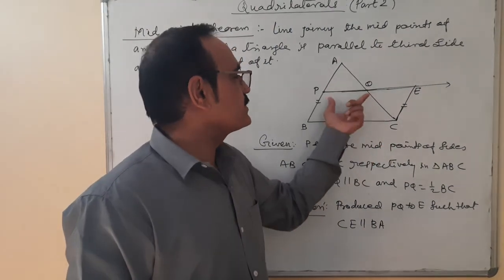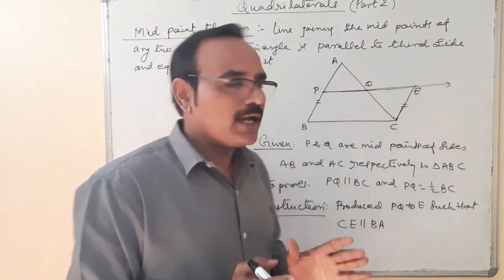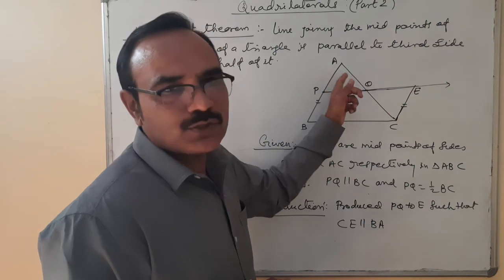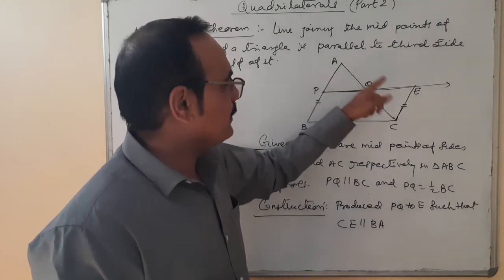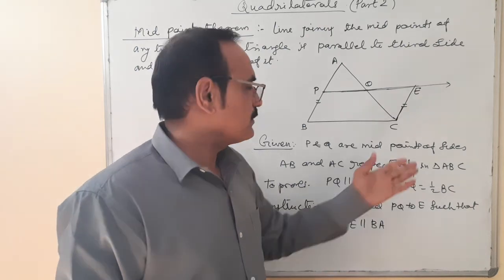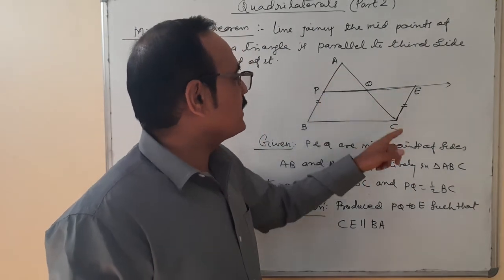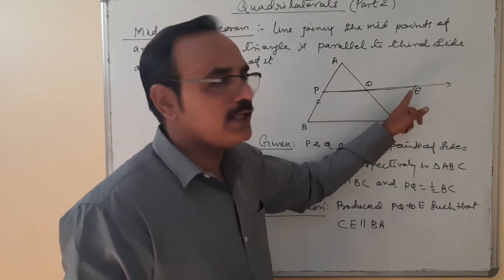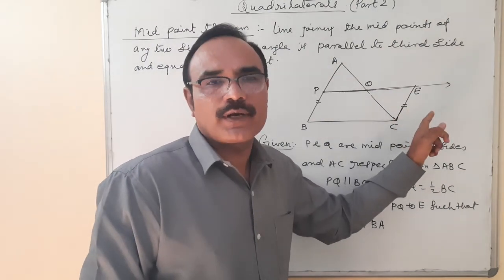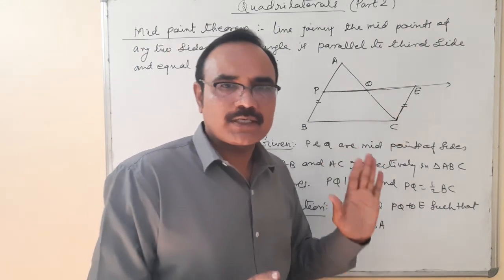Since it is the midpoint, it is half of this. So APQ is cut from here and pasted here in the paper cutting and pasting method. But theoretically, triangle APQ and triangle CQE will be proved congruent. Congruent means they are exactly the same.